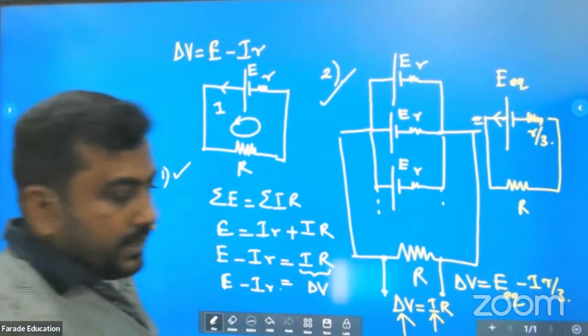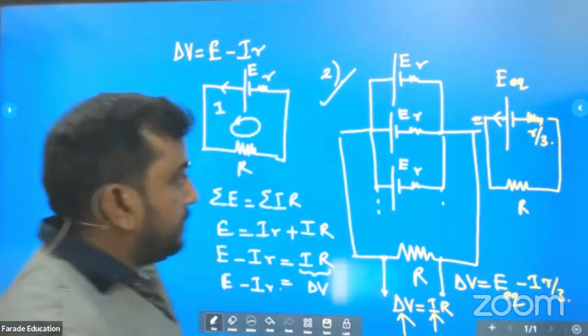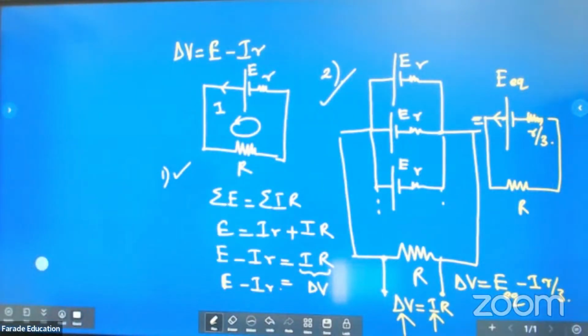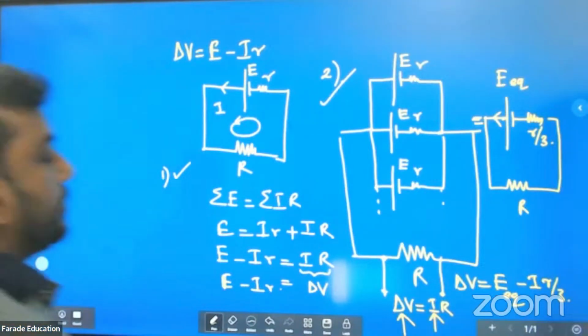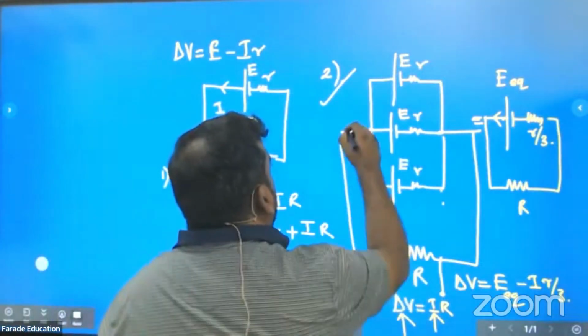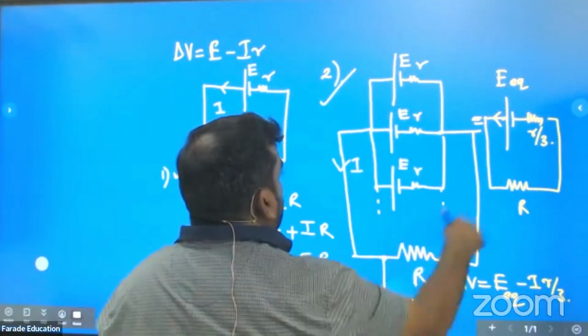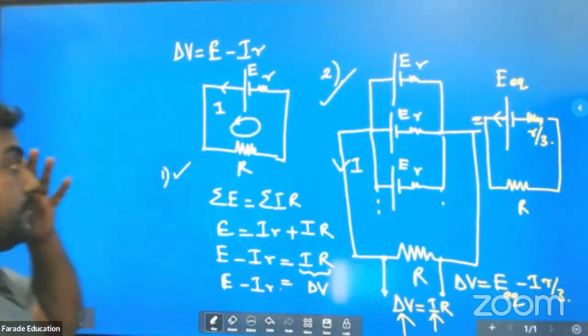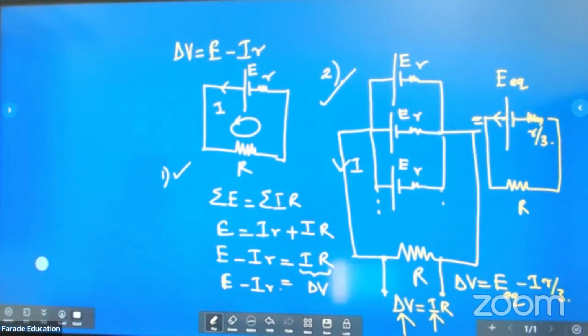Right there. When cells are connected parallel to each other, the effective resistance will reduce, causing the current in the circuit to increase.